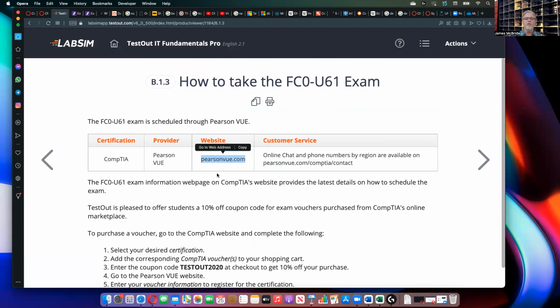CompTIA doesn't do their own testing. They contract that through Pearson VUE. Pearson is a big textbook maker, and they do all sorts of tests. They do bug tests, they do medical tests. I don't mean like testing your blood, I mean to be certified. So CompTIA uses Pearson VUE for that.